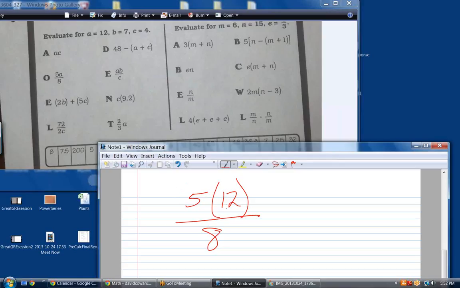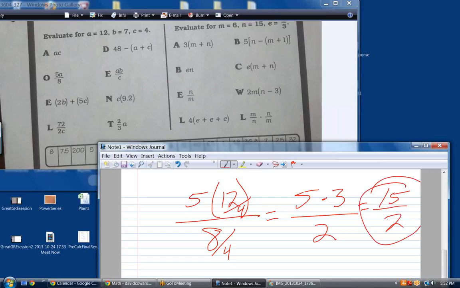But 12 and 8 are different. What number divides into both 12 and 8? You could do 4. Okay, so that changes the bottom into 4, and then it'd be 5 times 3, and then 2.